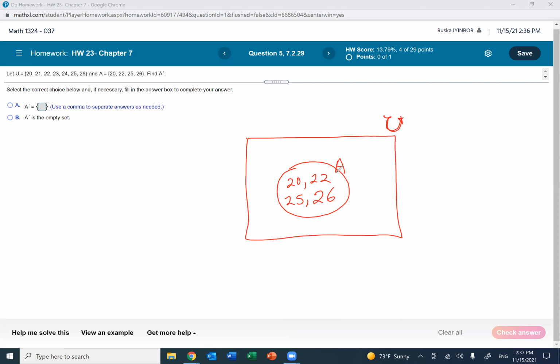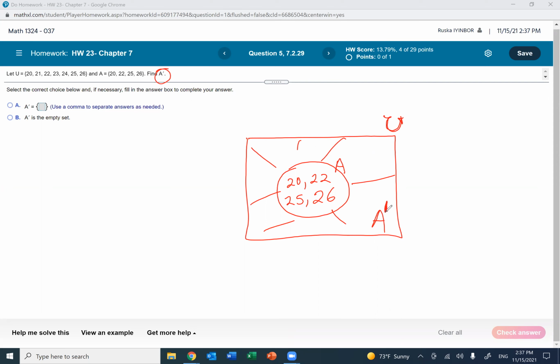The numbers which are not in A are called A prime, which is called the complement. This symbol here means the complement of A, which means everything outside. So the area outside in this Venn diagram is called A prime, the complement.